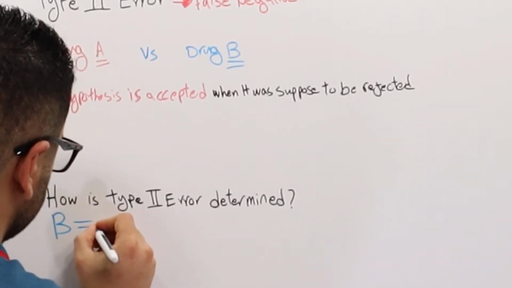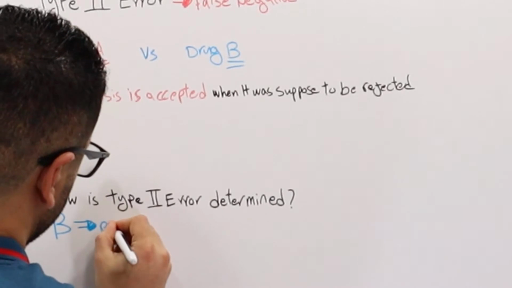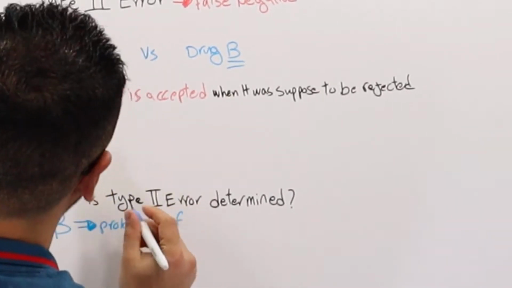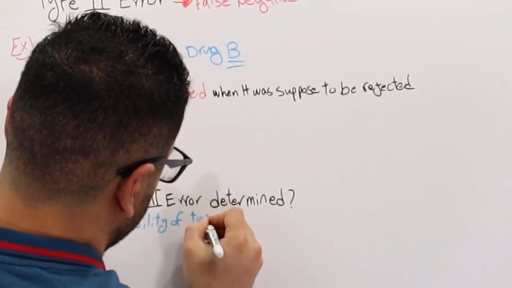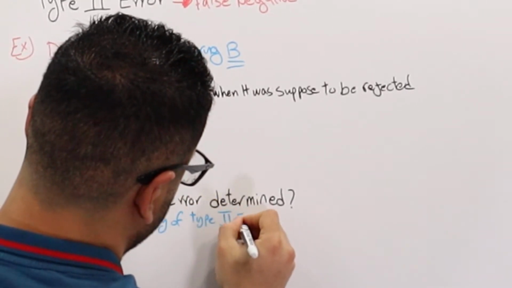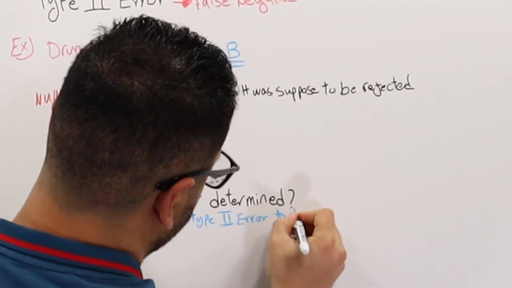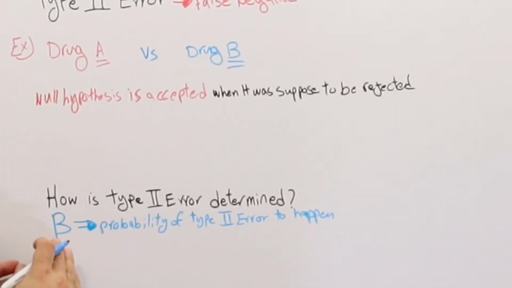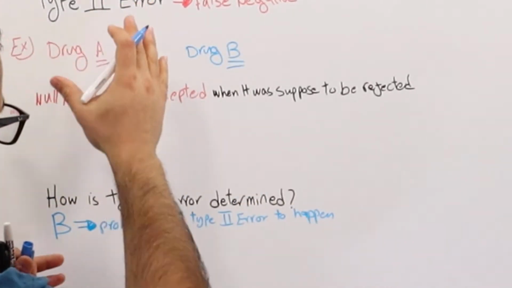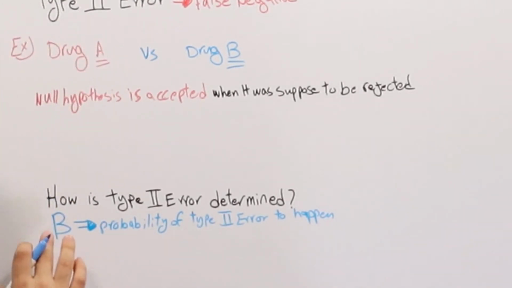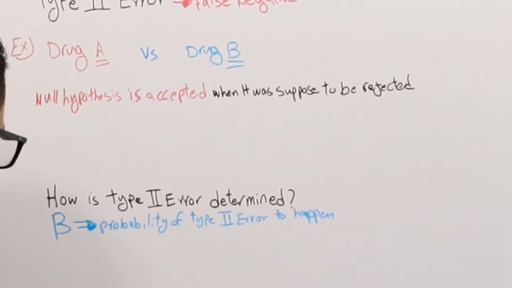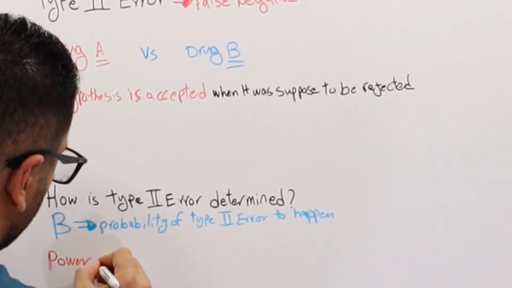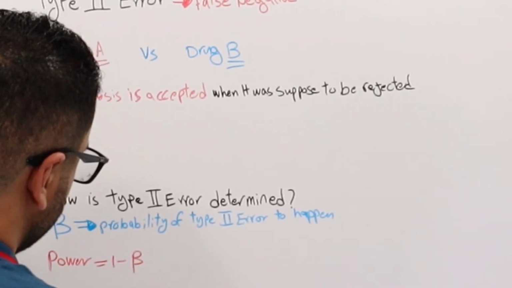Beta is the probability of type 2 error happening. So the bigger the beta, the higher the chance type 2 error can happen. And it's basically done through an equation which is power equals 1 minus beta.